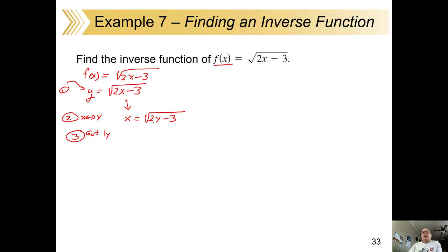Well, this y that you see here is sort of landlocked inside the square root. We've got to liberate the y. The way to do that is take the square of both sides. So I have x squared because I'm squaring both sides. And on the right-hand side, the square root of something times the square root of something is whatever the inside was to begin with, 2y minus 3.